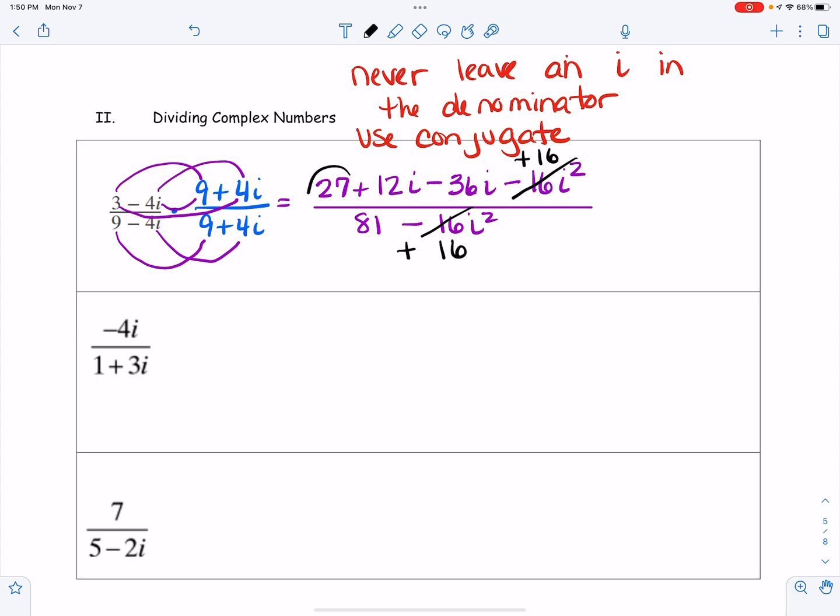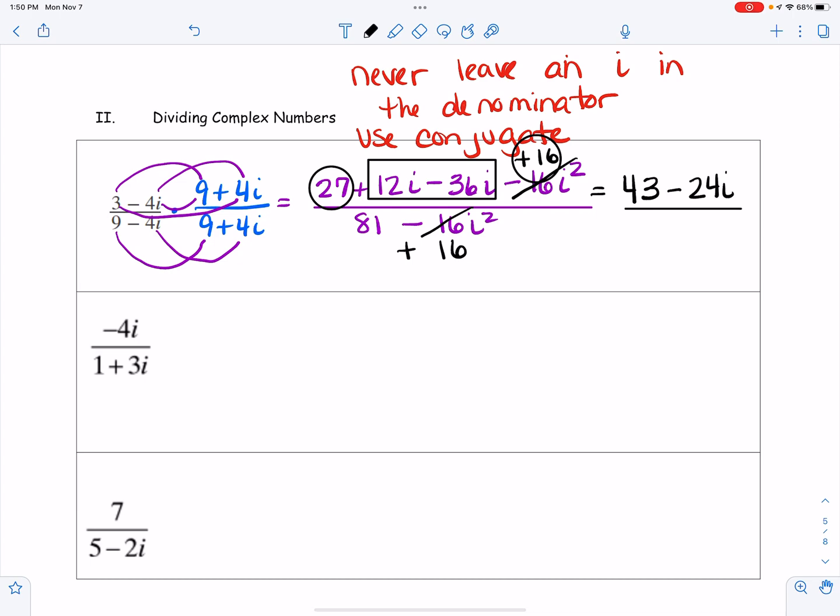And now I'm going to collect my like terms on the top. So I get 27 plus 16, and that will be 43. And then I'm going to take 12i minus 36i, and that gives me negative 24i.